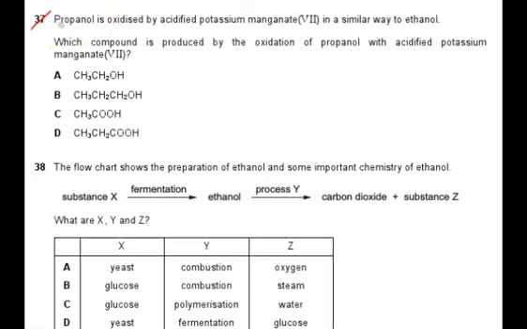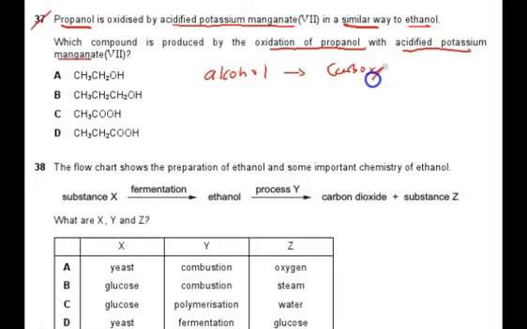Okay, 37. Propanol is oxidized by acidified potassium manganate in a similar way to ethanol. Which compound is produced by oxidation of propanol with acidified potassium manganate? So this is a conversion of alcohol to carboxylic acid. The formula for carboxylic acid is CnH2n+1COOH.